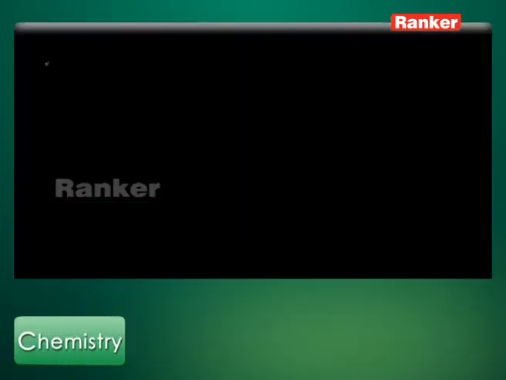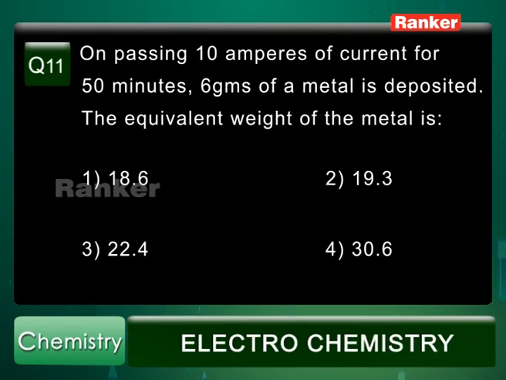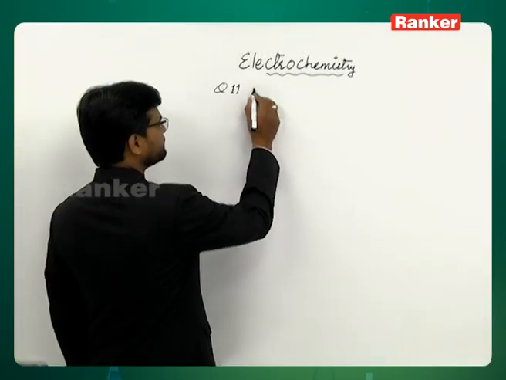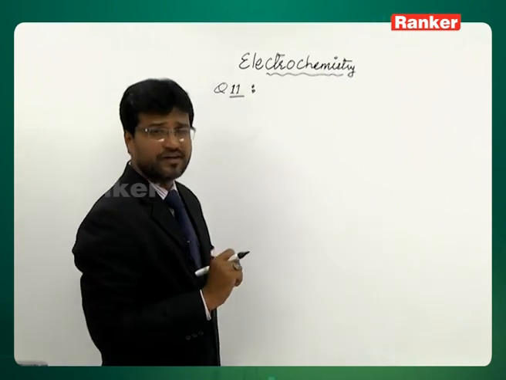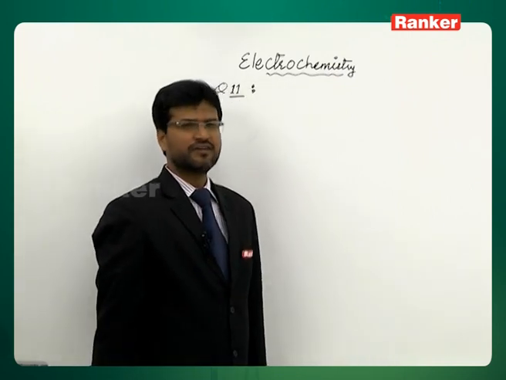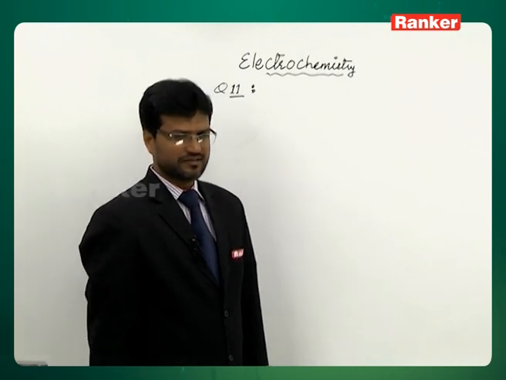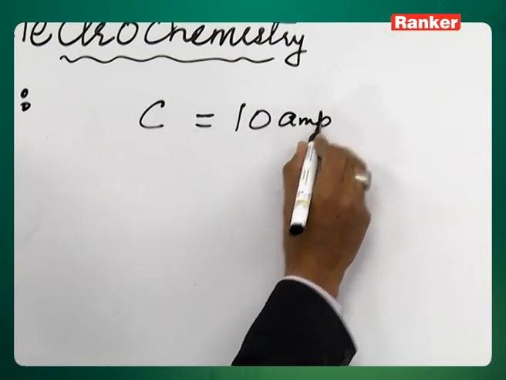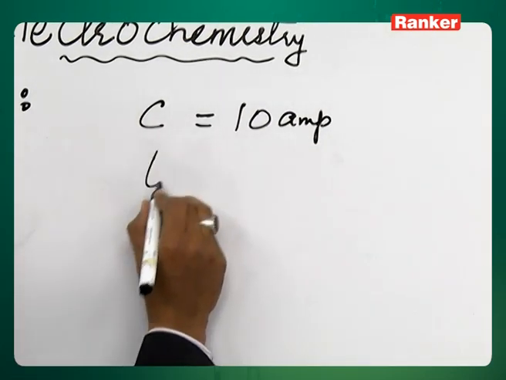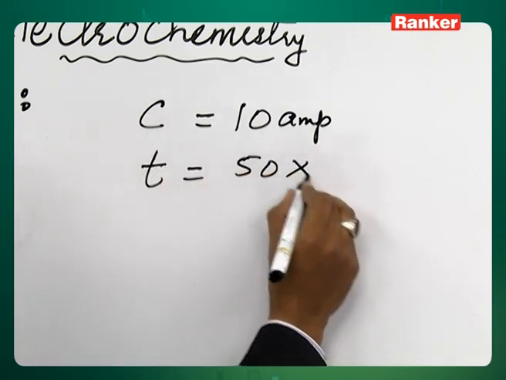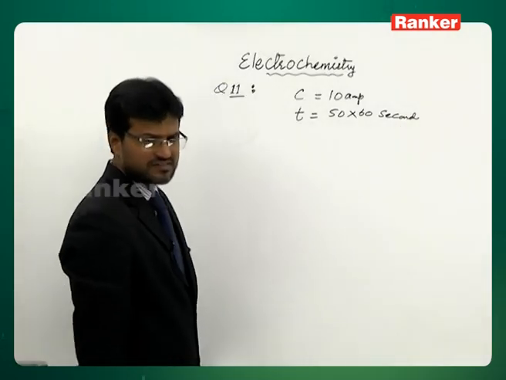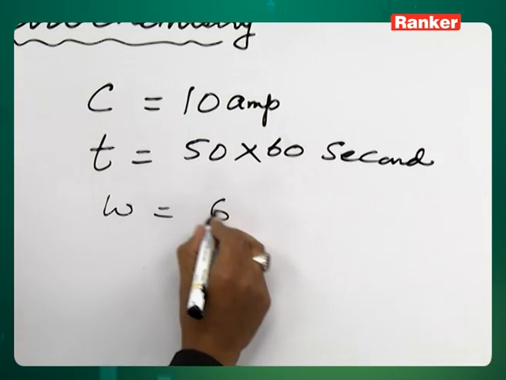Question number 11. On passing 10 amperes of current for 50 minutes, 6 grams of metal is deposited. The equivalent weight of metal is? See, 96,500 coulombs of current deposits one equivalent of a substance. So let's calculate. Current strength given is 10 amperes. Time is 50 minutes, so 50 into 60 seconds. Weight of substance formed is 6 grams.